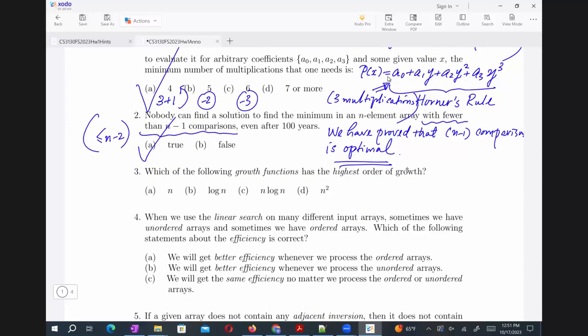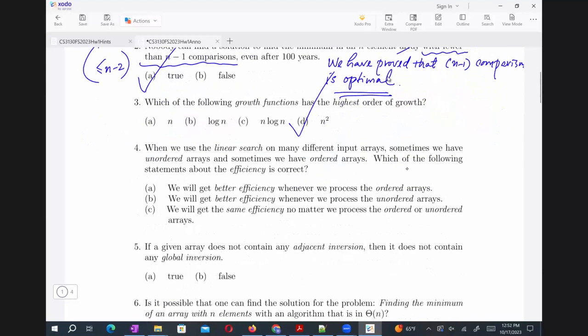Number 3, good. Everyone got this one. Number 4, option C. Many students picked A. Those students may feel that with an ascending order array, you can probably do better.